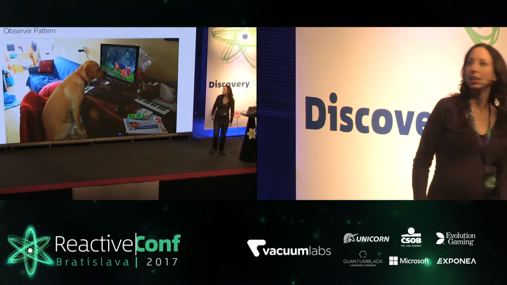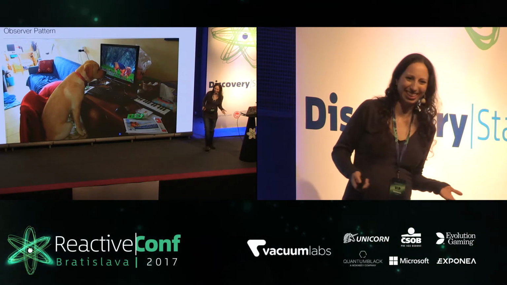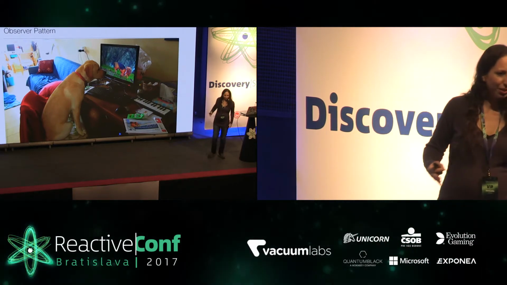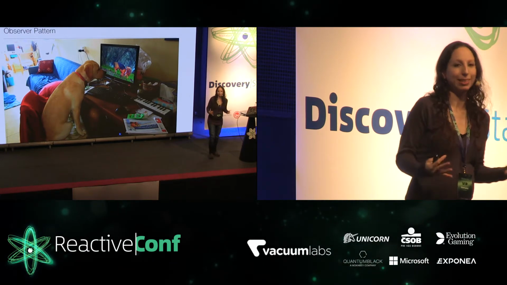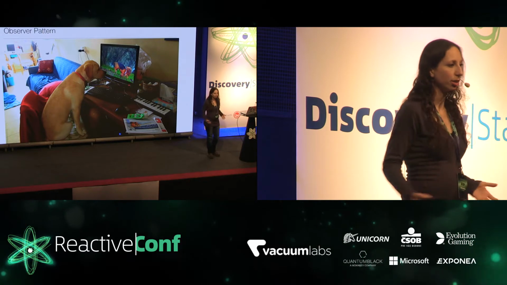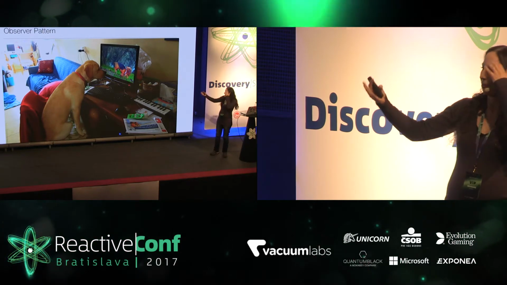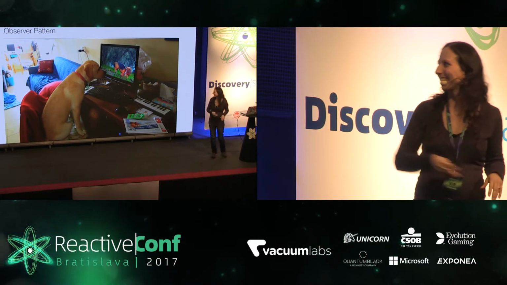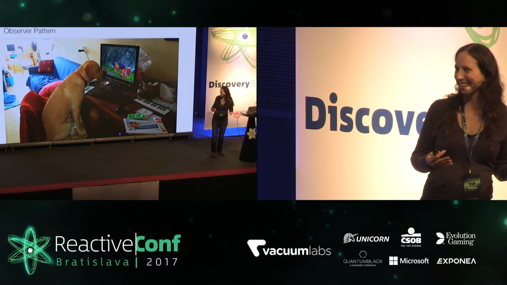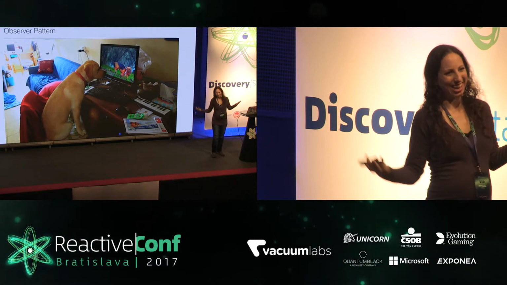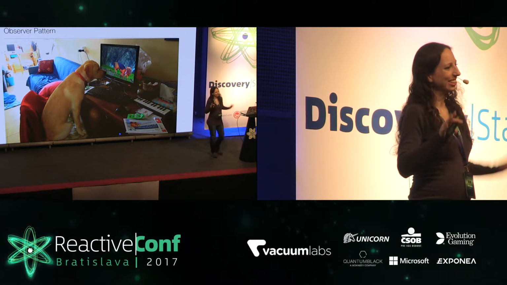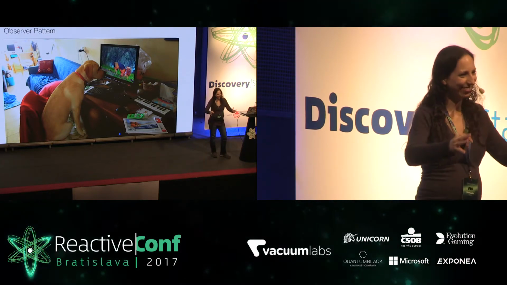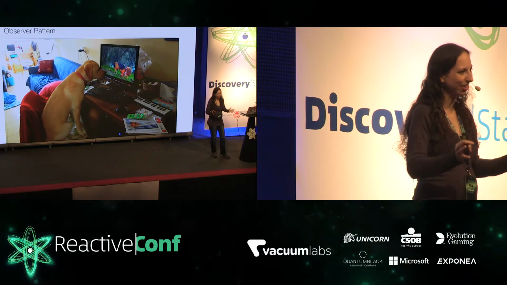Okay, so what are observables? We have the observer pattern. It's not something very new. We've had it for a long time. And basically, well, this is my dog. And she observes a broadcast, YouTube or television or whatever. So there is a stream, and you subscribe to it.